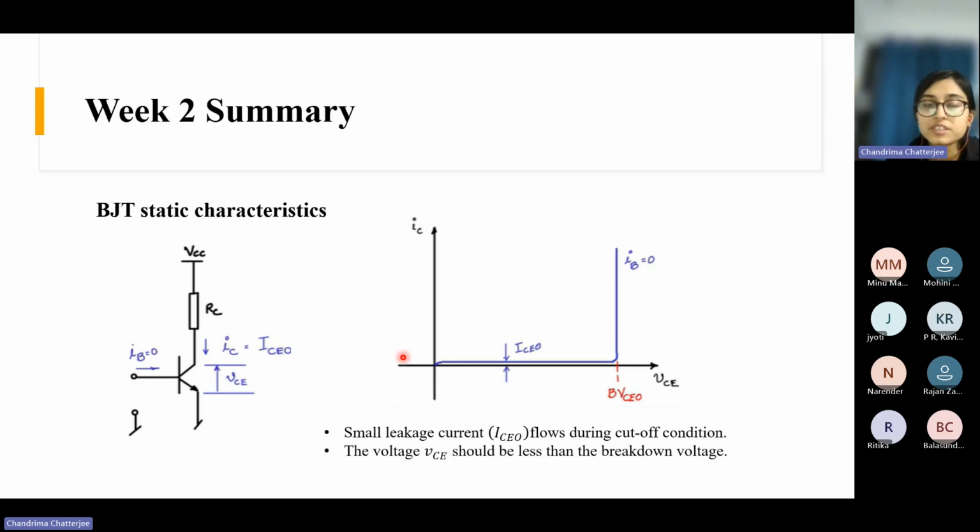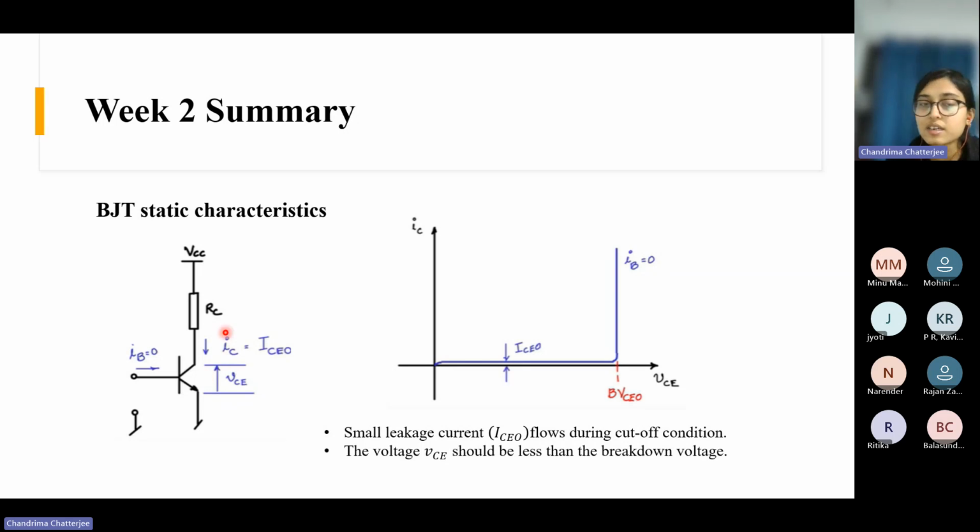Similarly, for BJT also we have some ratings. BJT also has a breakdown voltage rating. Suppose we are not injecting any base current, IB is 0. The base terminal is open. There is no base current flowing, so ideally there should be no collector current as well for an ideal device.